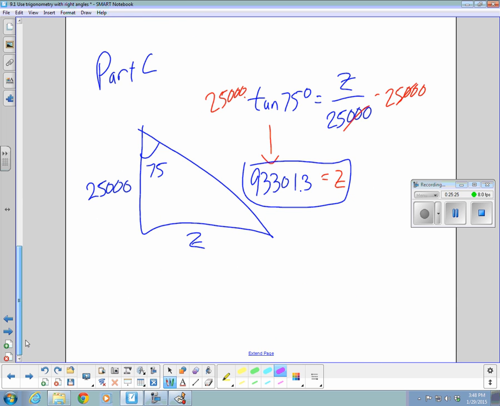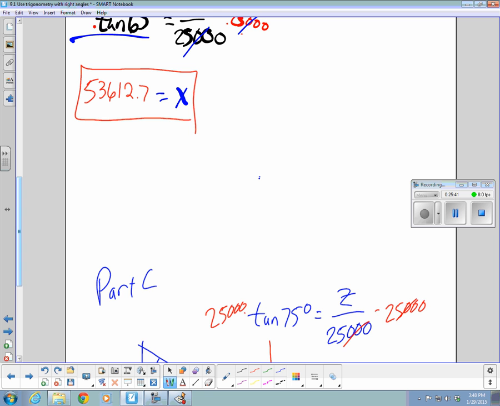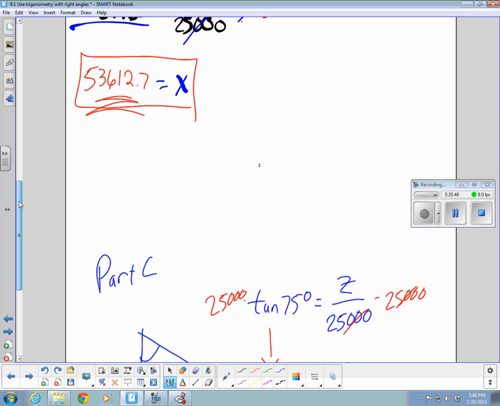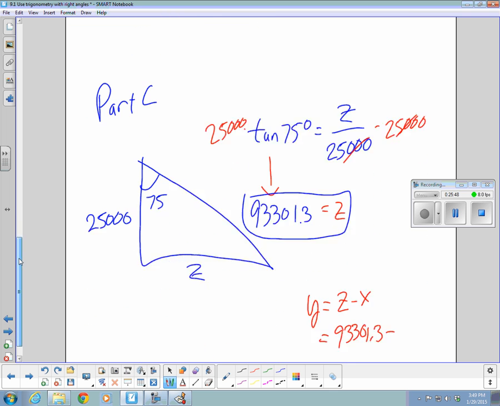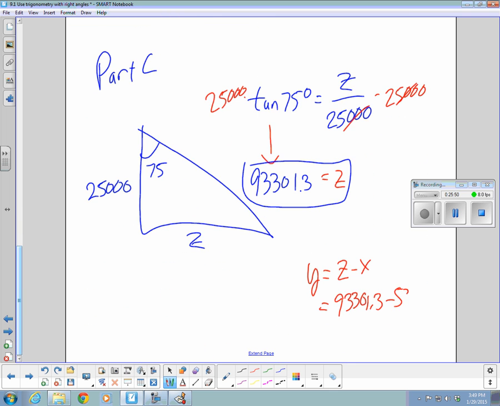So in our problem, y is equal to z minus x, where z in our case is 93301.3 minus what we found for x, which is, let's see, x is right here. 53612.7. So just do that in the calculator real quick.